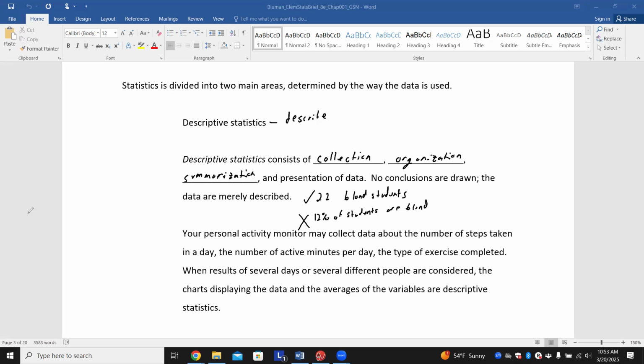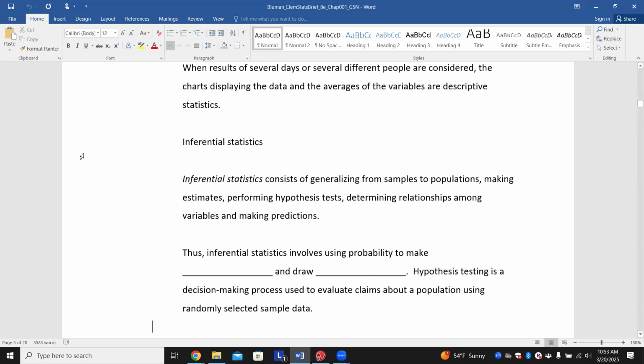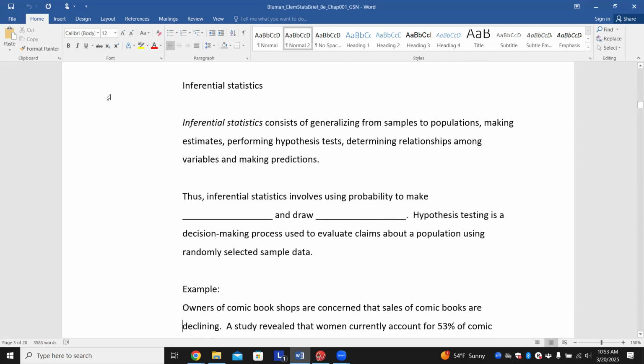That's very important to understand, because the next half of statistics is what we call inferential statistics. And this part is basically when you are inferring something, meaning you're taking the descriptive statistics, the data, and you're basically thinking, well, because that's what happened in this small group, this is what I think is going to happen in the entire population. So inferential statistics consist of generalizing from samples to population.